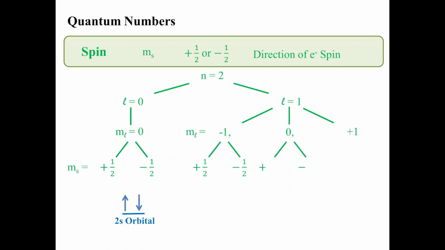So we have 2 electrons in each one of our mL subcategories. If we want to write this as an orbital diagram, we have our 2p with 3 separate lines, one for each of our mLs, and then we can put in a spin up for each of our +1/2s and a spin down for each of our -1/2s.